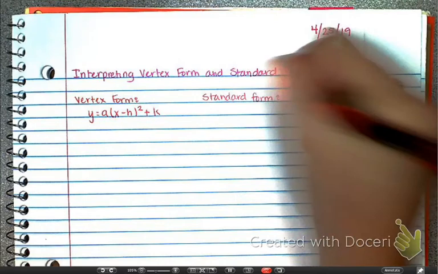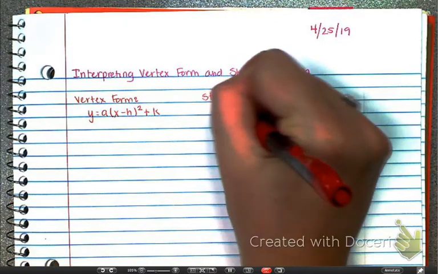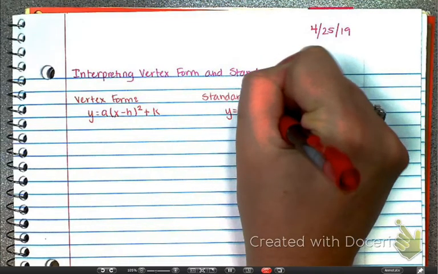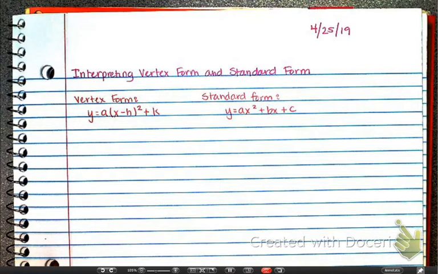Who can remind us what standard form is? Y equals ax squared plus bx plus c. Other than the a, the x, and the y, what do vertex form and standard form have in common?